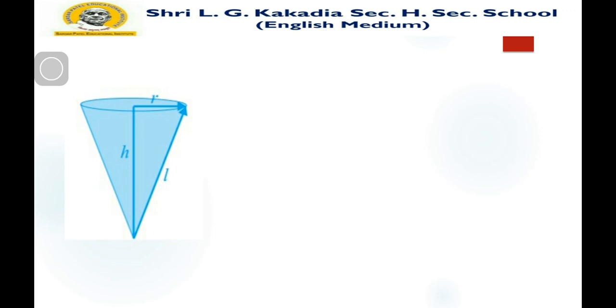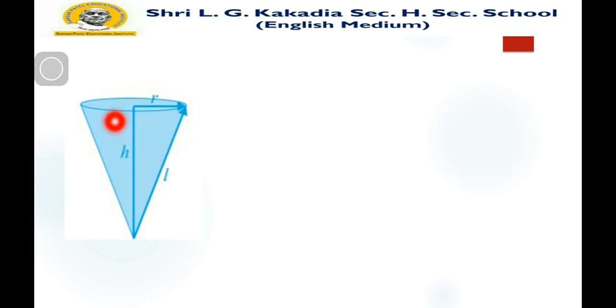So here you can see that this is a cone. The vertical line given here is known as the height of the cone, and this slant line is known as the slant height of the cone.